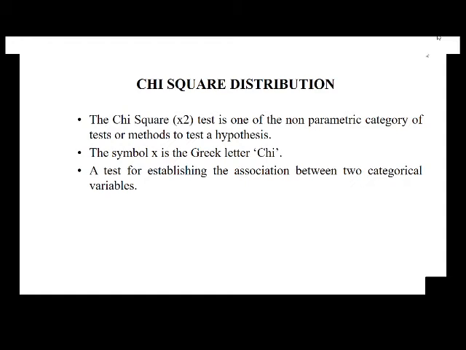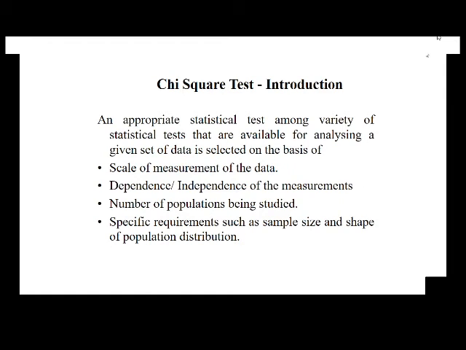It is a test for establishing the association between two categorical variables. The chi-square test, an appropriate statistical test among varieties of statistical tests available for analyzing a given set of data, is selected on the basis of the scale of measurement of the data, dependence and independence of the measurement, number of populations being studied, and specific requirements such as sample size and shape of population distribution.